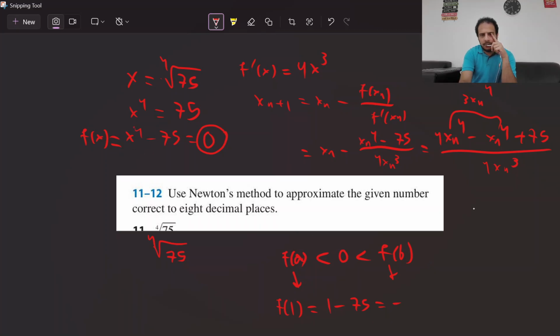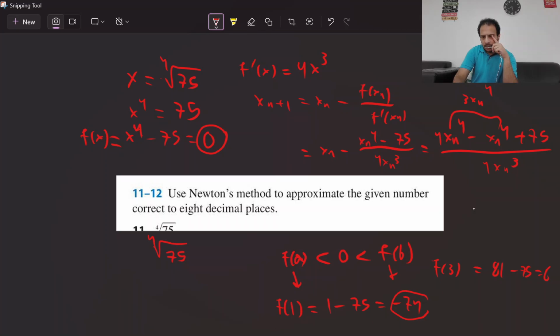No, here you have power 4, so choose a small number. 3 is good. So f of 3 equals 81; 3 to the power 4 is 81, minus 75, 6. Positive, right? Yes. Now here, this number is very negative, right?